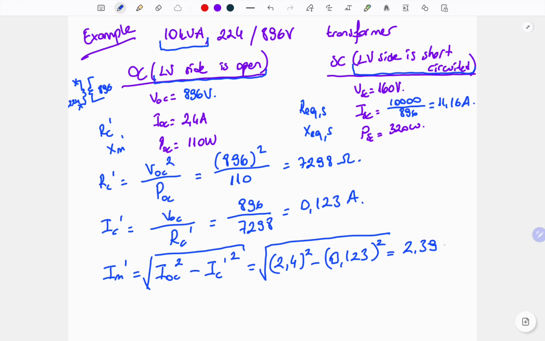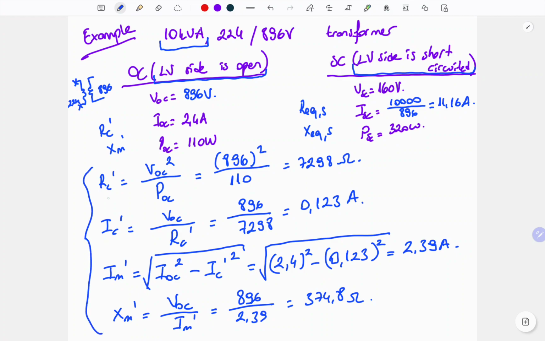So that means 2.39 amperes will flow through the XM, which is the magnetizing reactance on the excitation branch. And finally, using the open circuit test results, XM prime can be calculated, and it will be 374.8 ohms.